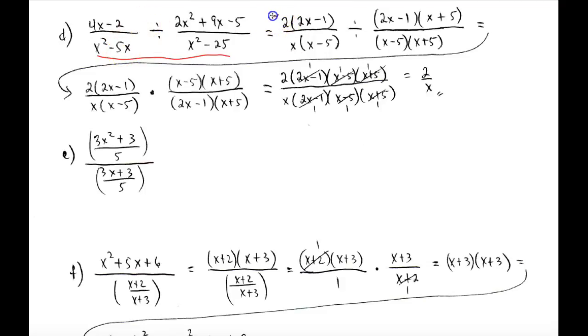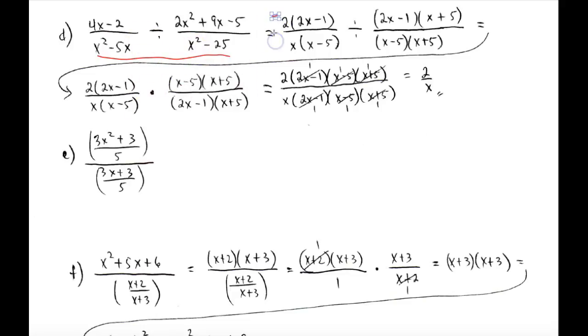And hence we have 2 times 2x minus 1 divided by x times x minus 5. Okay, and then for the second rational expression, we factor out the numerator, factor out the denominator. Okay, and then from that point, we do keep, change, flip.